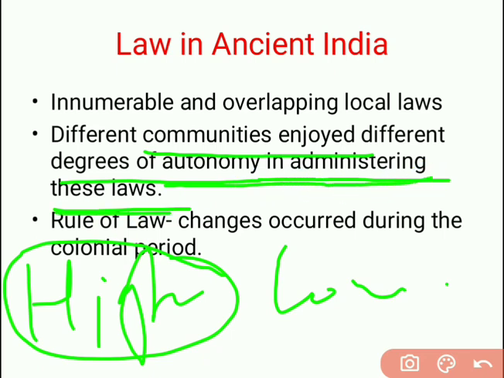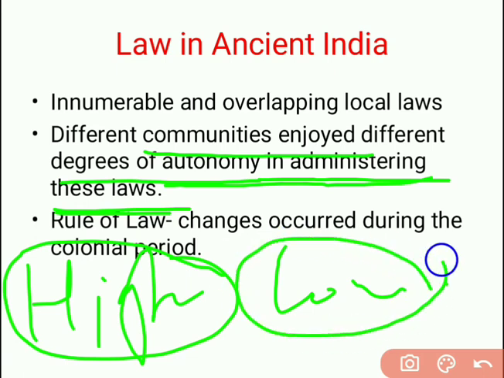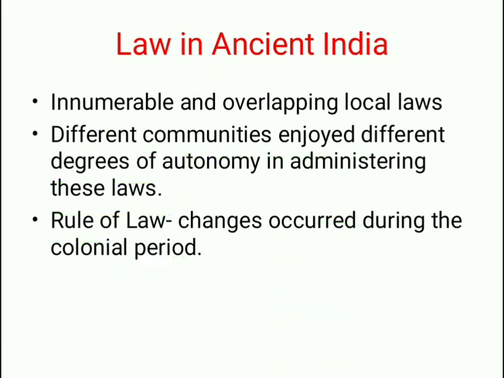So a person belonging to a high community, high society, was getting a moderate punishment, while a person belonging to a low caste was getting severe punishment. This was the condition in ancient India while applying laws to the people.